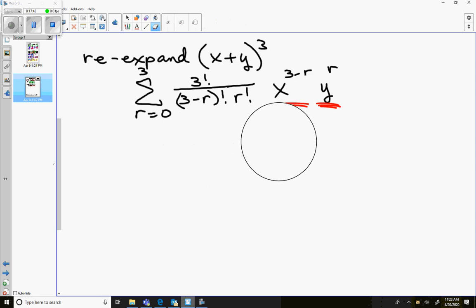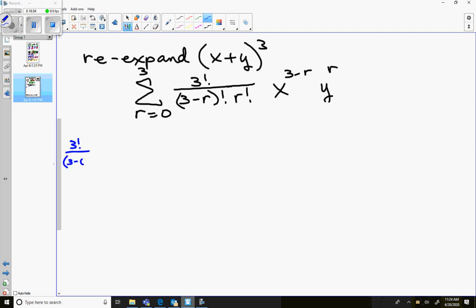As I'm doing this summation, the first time through the loop, r is 0. I'm going to try to write really small so I can make this fit. So I'm going to have 3 factorial over 3 minus 0 factorial, 0 factorial, x to the 3 minus 0, y to the 0.